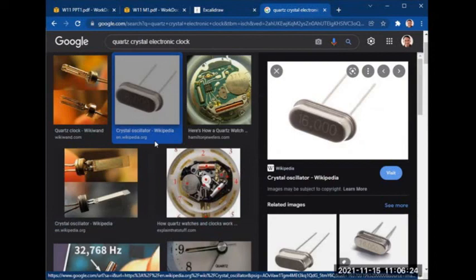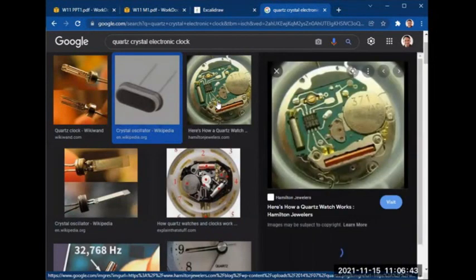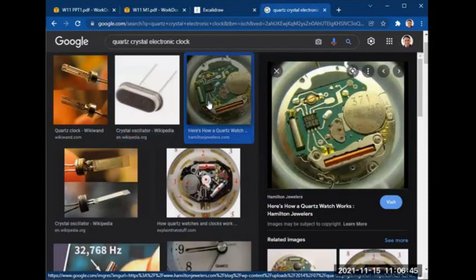And then there will be some measurements on how often it will vibrate, using circuit arrangements with capacitors, inductors, resistors, and other components. This is an example of a digital clock, a digital watch. Where is the crystal? I think this is the quartz crystal.